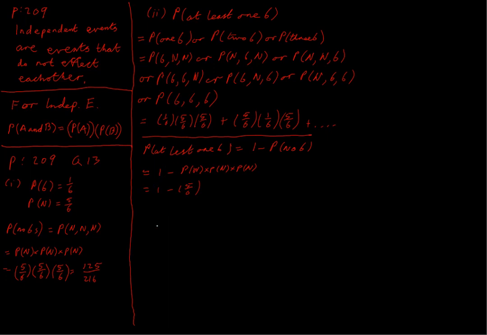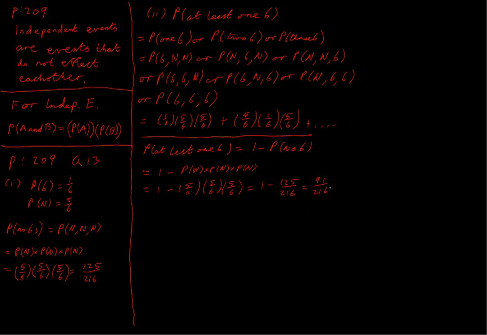I have it already done out here, but I am writing it out in full so you will have a full example. 1 minus 125 all over 216. And when you put that into your calculator, you get 91 all over 216.